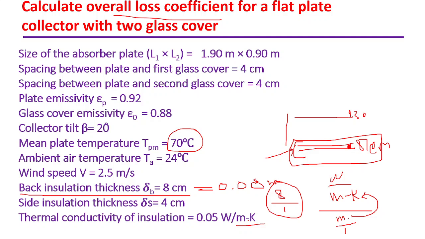What the thumb rule says is this gets multiplied by this, and this gets multiplied by this. So what will we get as the unit? Watt per meter gets multiplied by meter, giving watt per meter square Kelvin.